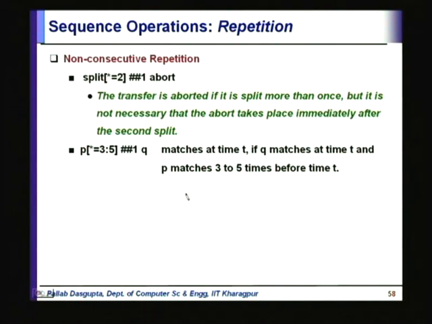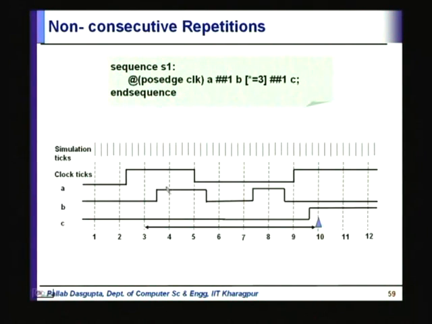That is the only difference here. This is called the non consecutive repetition. So, again let us see, we match A here, then we get the first match of B here, second match of B here, then we get the third match of B here, and then in the immediate next cycle C is still not high.